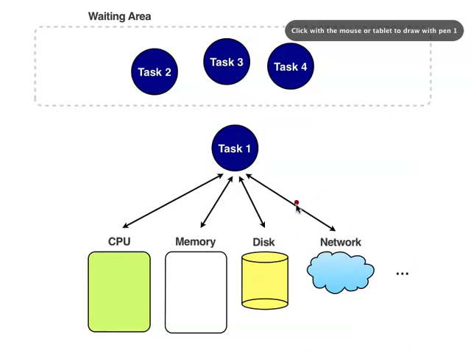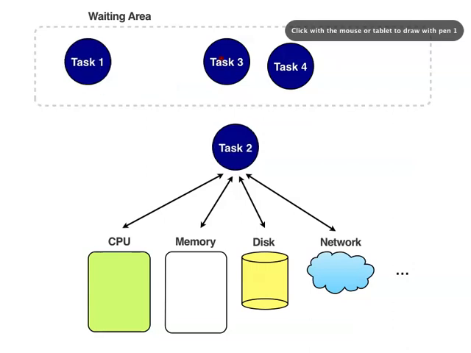So I have a task running. Now, in the meantime, there might be other tasks that are ready to run, or have run but have been suspended, and they are waiting in a so-called, I just call it waiting area. It's not a technical term. They are just waiting there, waiting for their turns to be run by the operating system.